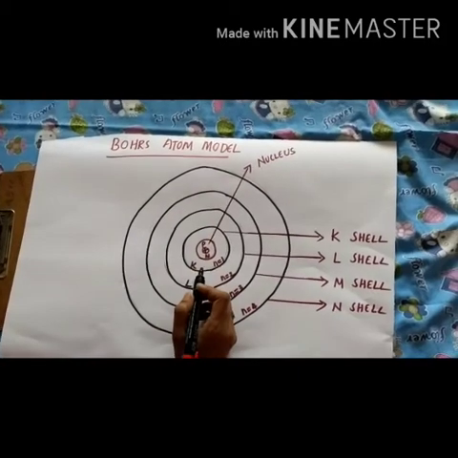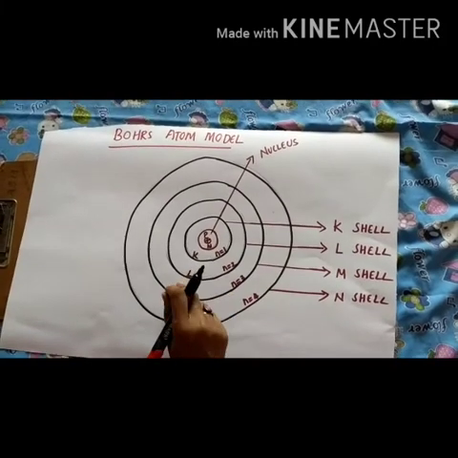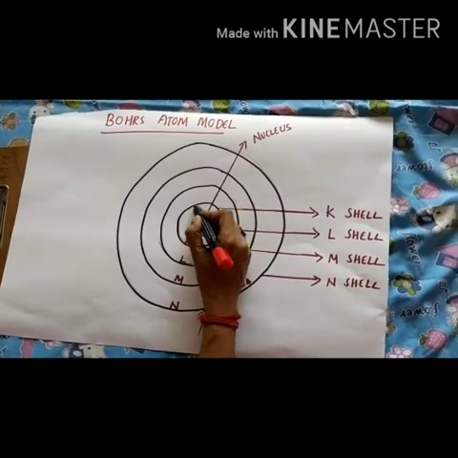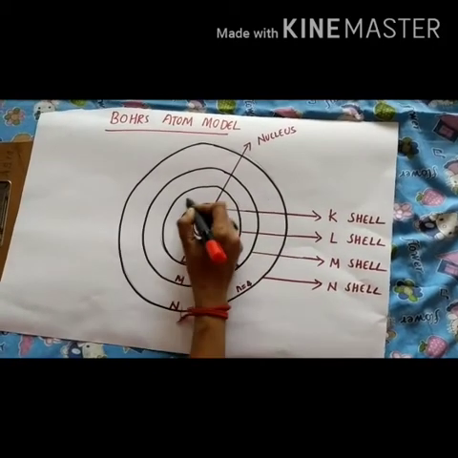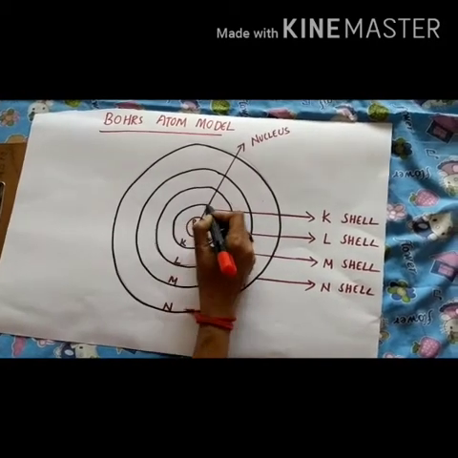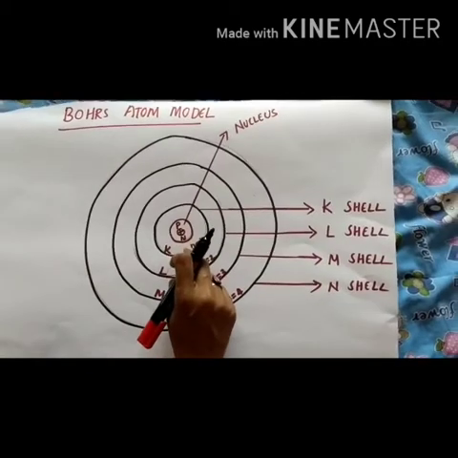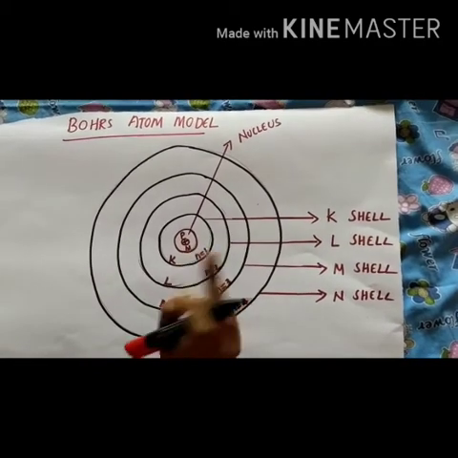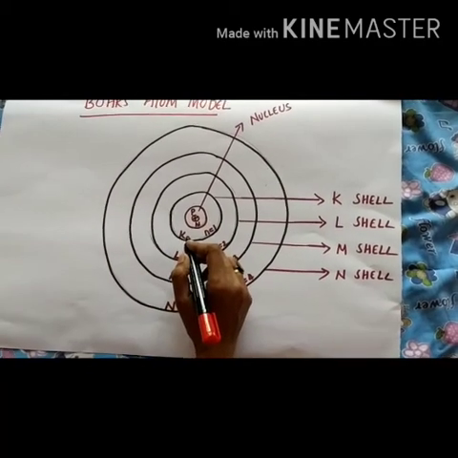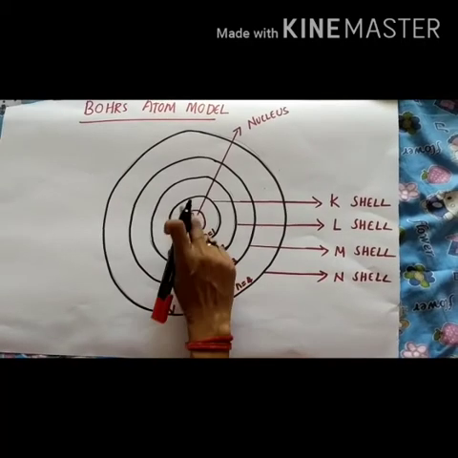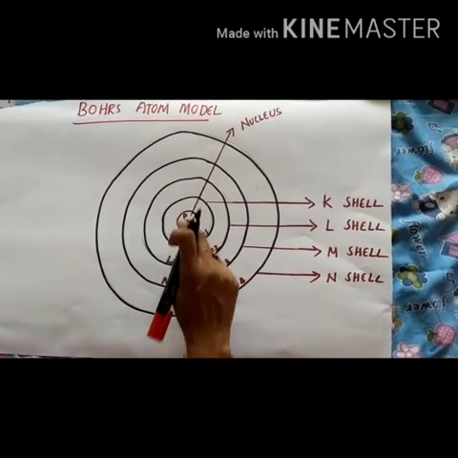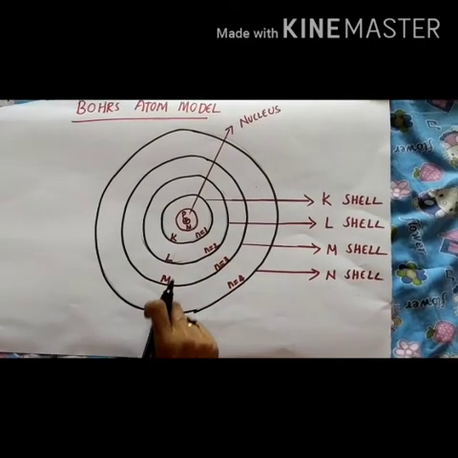So what are the points of Bohr's atom model? The first point: electrons revolve around the nucleus of an atom in a fixed path called an orbit or shell. Second point: electrons in each shell have definite energy.